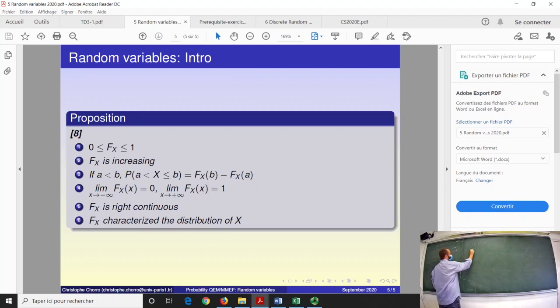I have to prove that if x1 is greater than x2, then F_X(x1) is greater than F_X(x2). I have to prove this. Okay? And I am in this situation. I have x2 that is here, and that is smaller than x1.